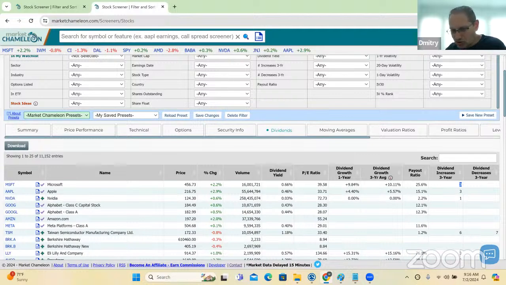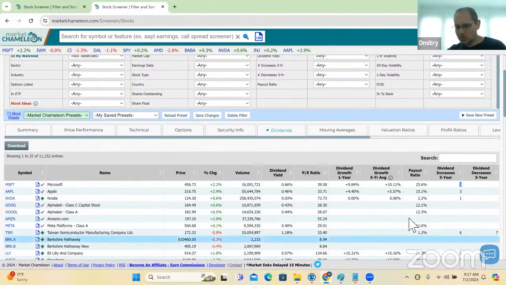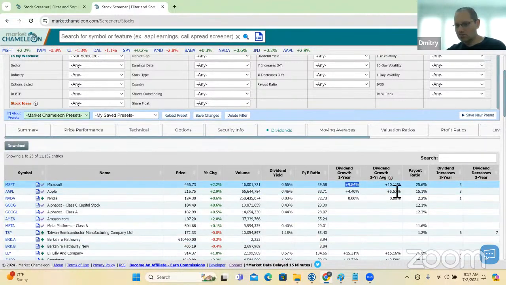So just using these statistics, and we could go look at the data like we just did to confirm, it looks like Microsoft increased their dividend once a year, 3 times in the last 3 years, most likely once a year. It looks like they're pretty consistent with increasing their dividend around 10% year over year.